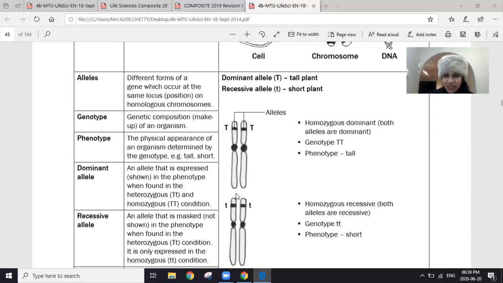So physically, how would this plant appear if they have these two alleles? And of course, because these are two dominant alleles, that particular plant will appear tall. So the genotype is capital T, and the physical appearance or phenotype is tall.